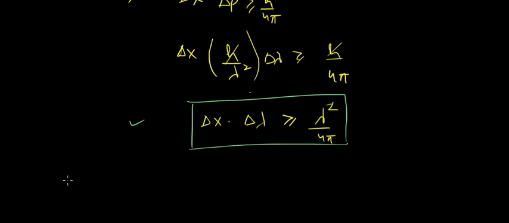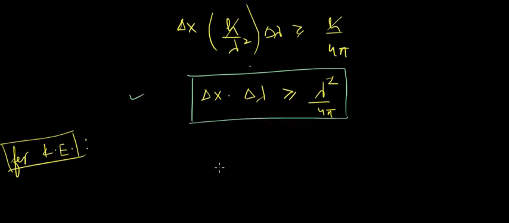Next, let's calculate the relationship between uncertainty in position and kinetic energy. We know that kinetic energy can be written as half mv square. So dE upon dv would be equal to mv.